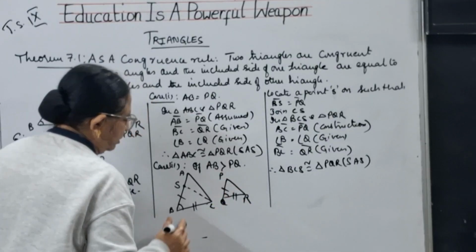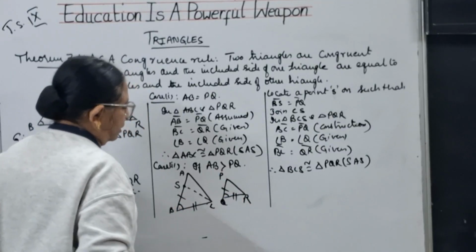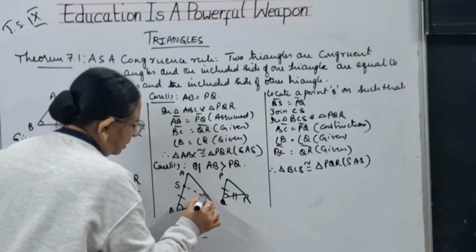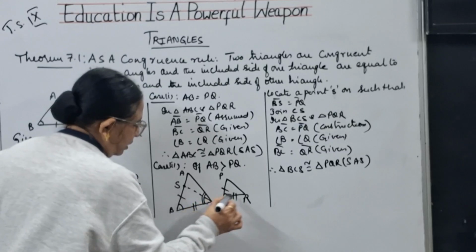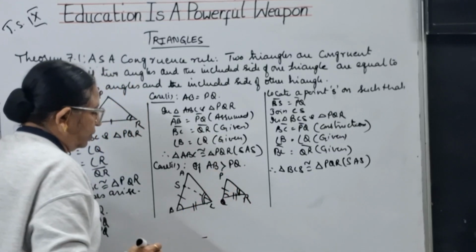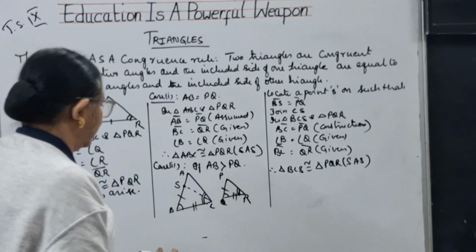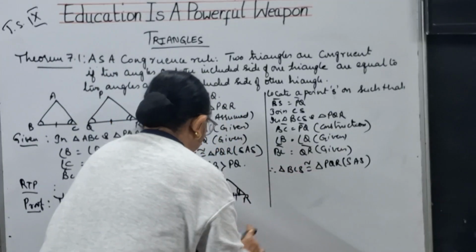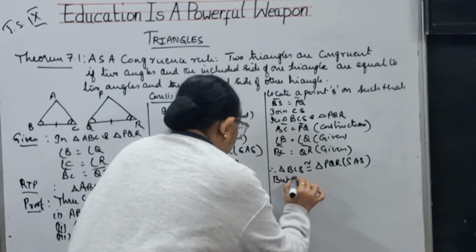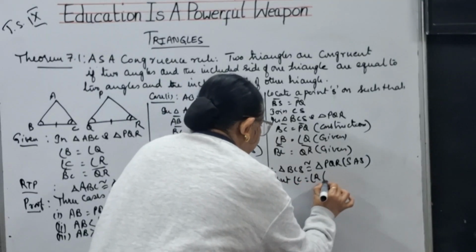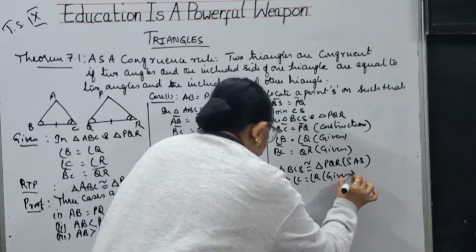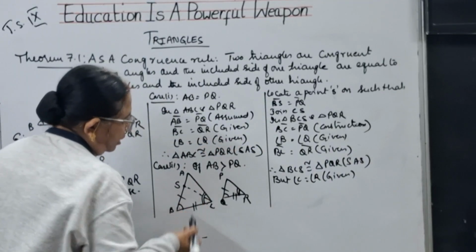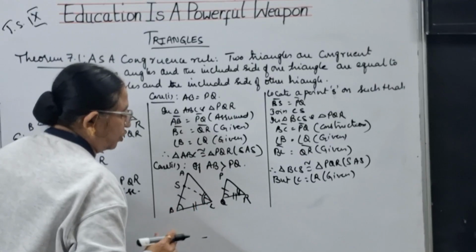If these two triangles are congruent, see children, they have given already in the theorem that angle C is equal to angle R. See children, in this, how is it possible? Angle C means this angle C is extended outside the triangle. So, it is not possible.